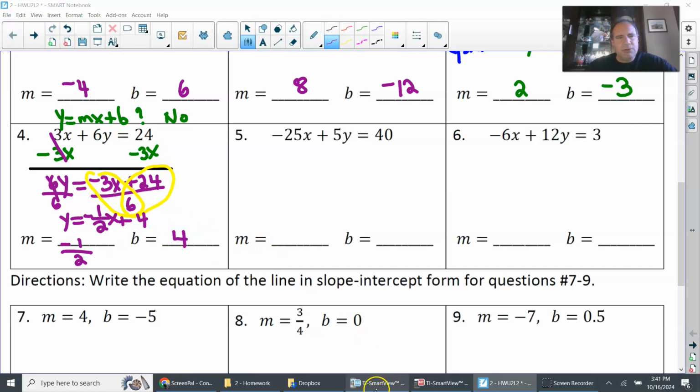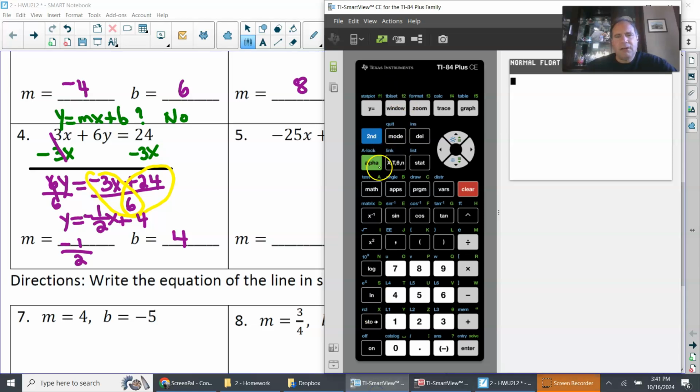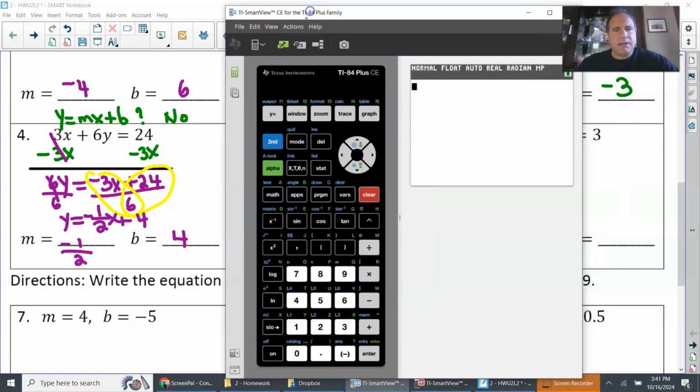And just let me show you a little bit over here on the calculator. Once you have the calculator ready to go, we're going to press alpha x, and we're going to bring that fraction up, right? That fraction symbol. So if you want to reduce any fraction, you could put negative 3 over 6 in your calculator, and then press enter, and you see how it gives you negative 1/2? That's exactly what you want the calculator to do, right?